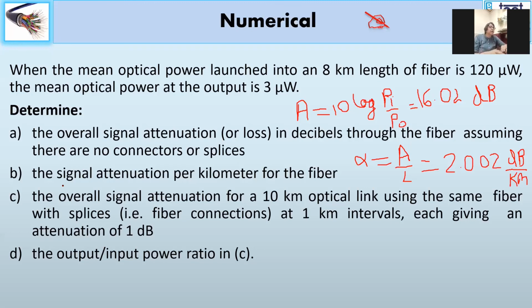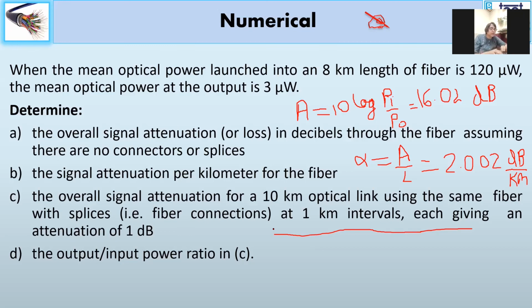Okay. Now the overall signal attenuation for a 10 kilometer optical link using the same fiber, with a splice at 1 kilometer intervals, each giving an attenuation of 1 dB, right? Now you have your link, a 10 kilometer link.